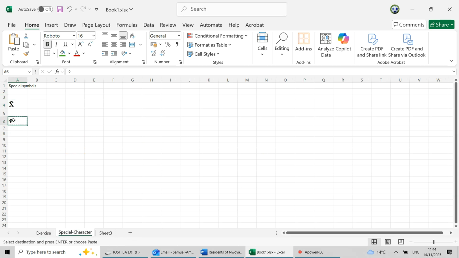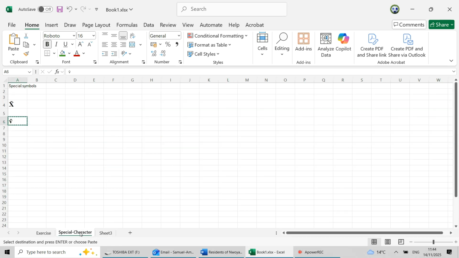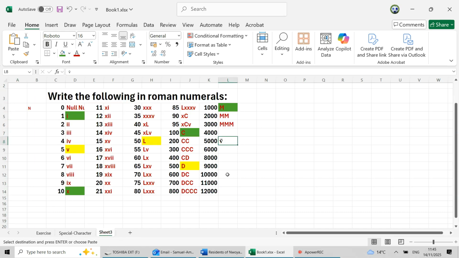This is my special character for 5,000, and I have my special character for 10,000 as well. 10,000 is X bar. So now I know 5,000 and I have 1,000 there.